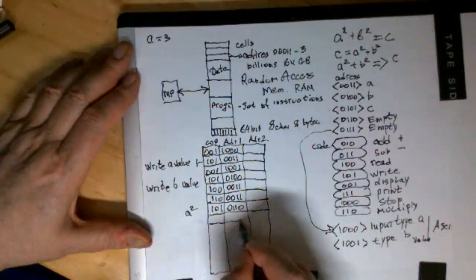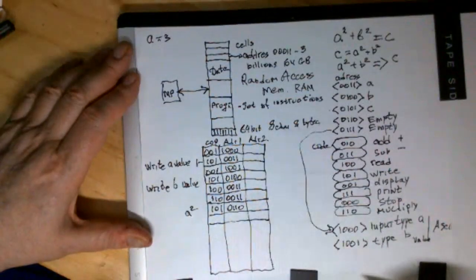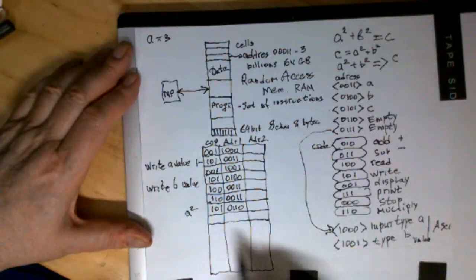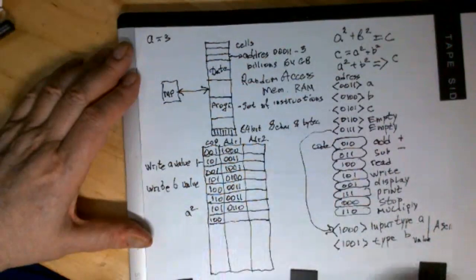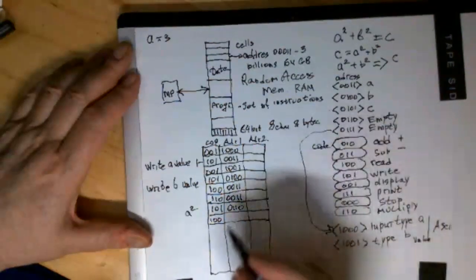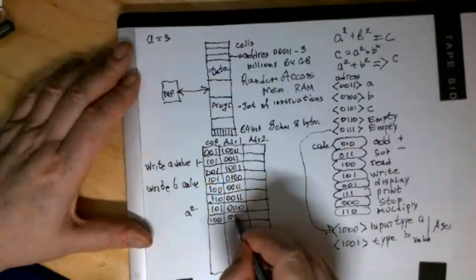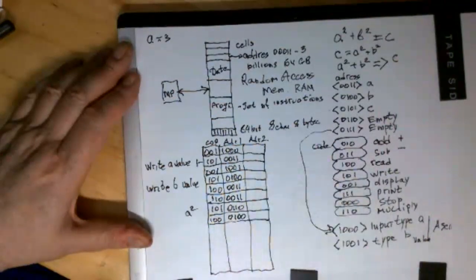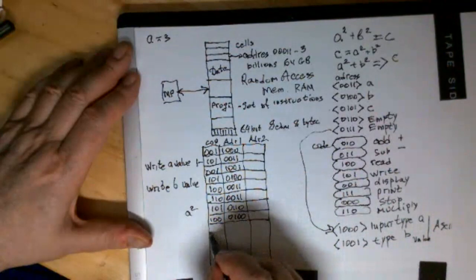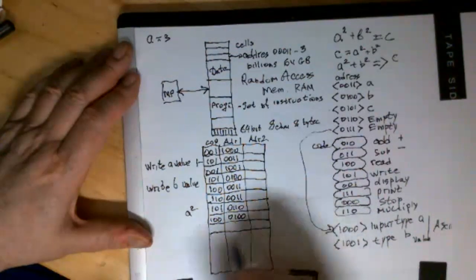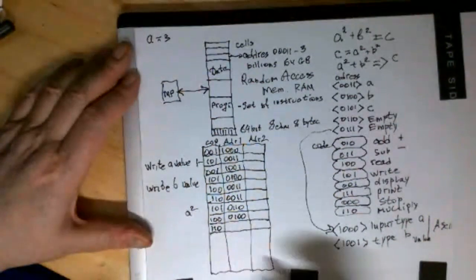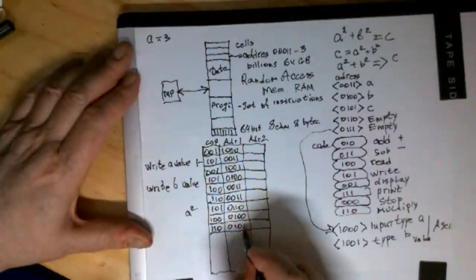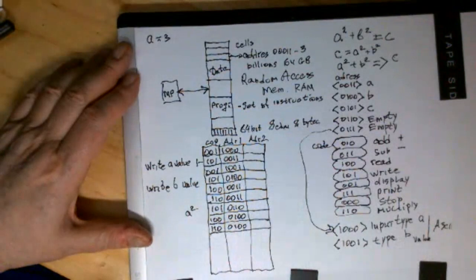Now, continuing. Let me read B. Read, folks, is 100, and B in this case is 0100. Multiply by itself. 110 is multiplication by the same cell content.